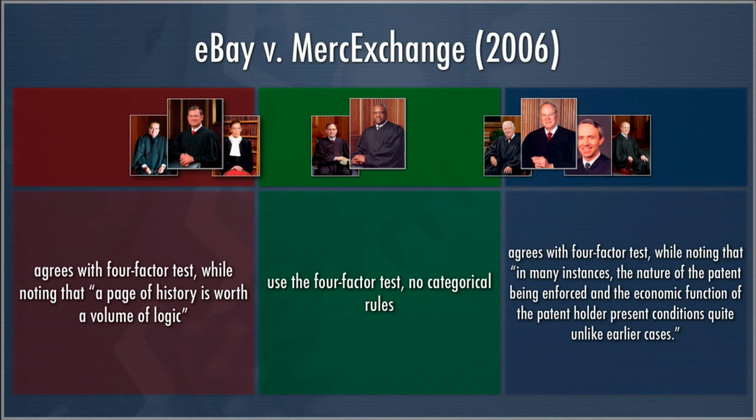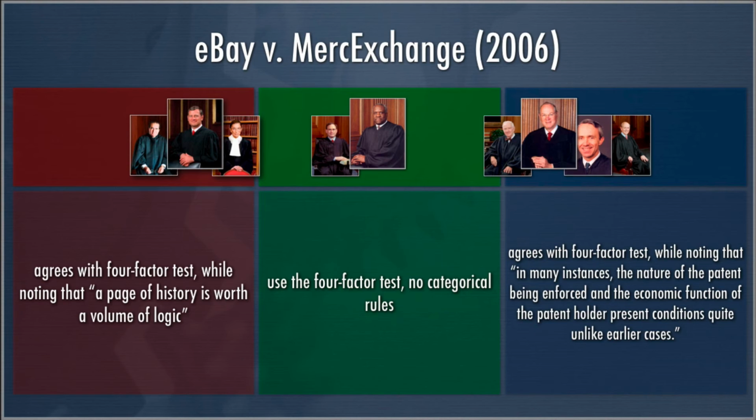So this is a pretty striking thing, saying you need to consider, when you're considering injunctive relief, not only the four factors, but the type of patent being enforced, by which he seemed to mean business method or other suspect types of patents would be less likely to be enforced, right?